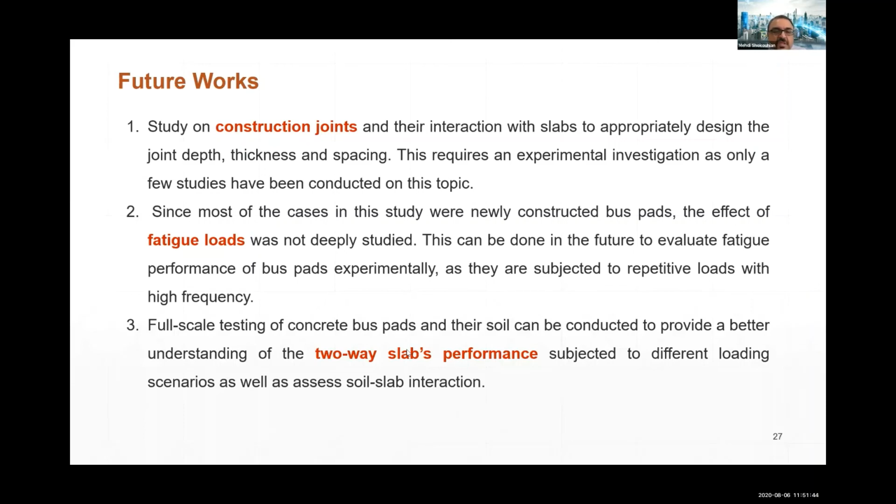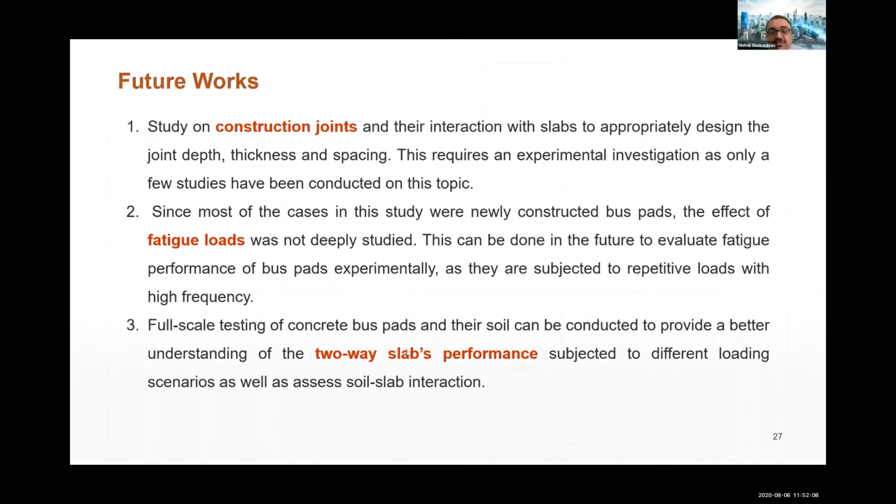We are now working on new software called Athena, which can do the crack analysis of concrete for different types of fatigue loads, and that can help with the design of these bus pads as well. Another thing is full-scale testing of the concrete bus pad.